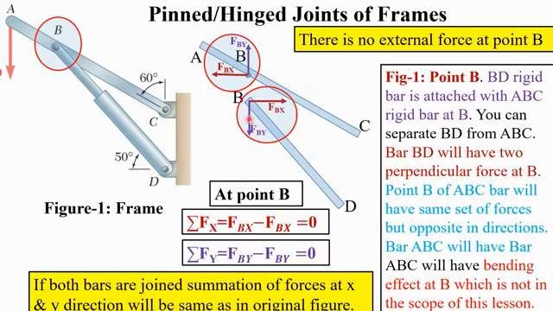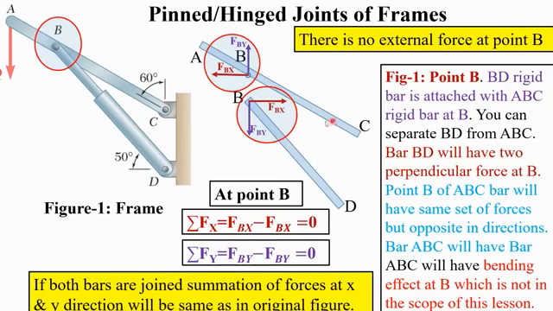members. Now this BD member is attached with ABC at the corner or edge, but ABC is not attached at the edge, rather it is attached somewhere inside this member.